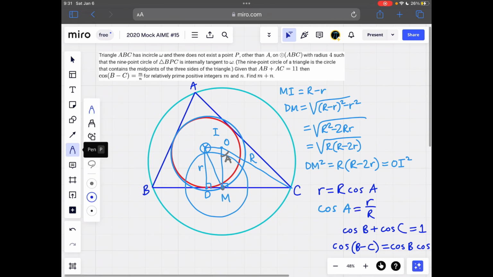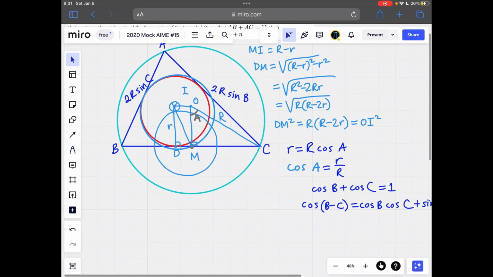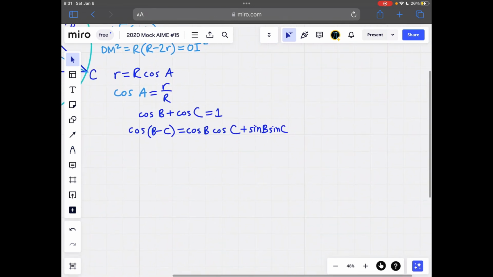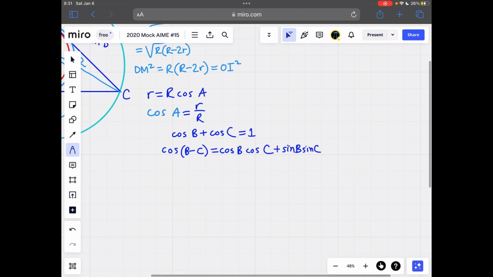If you use the extended law of sines, you get that AB is equal to 2R sine C. This is true in any triangle. AB is equal to 2R sine C and AC is 2R sine B. So if you add them up, AB plus AC is just 2R times sine B plus sine C. And 2R is 8. So we have sine B plus sine C is equal to 11 over 8.